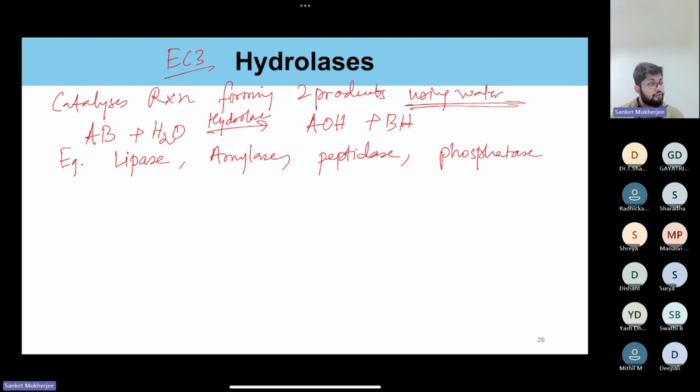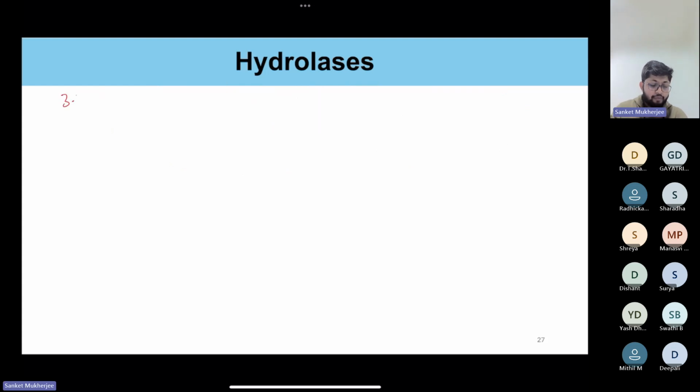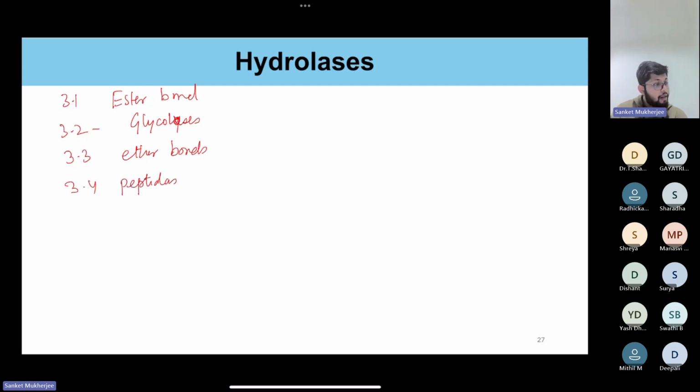If we classify hydrolases, they're classified on which kind of bonds they act upon. 3.1 acts on ester bonds. 3.2 are glycosylases. 3.3 acts on ether bonds. 3.4 are peptidases acting on peptide bonds. 3.5 acts on CN bonds other than peptide bonds.